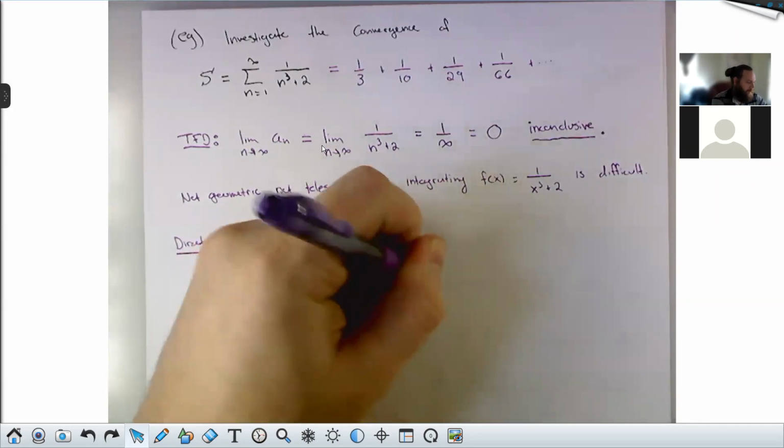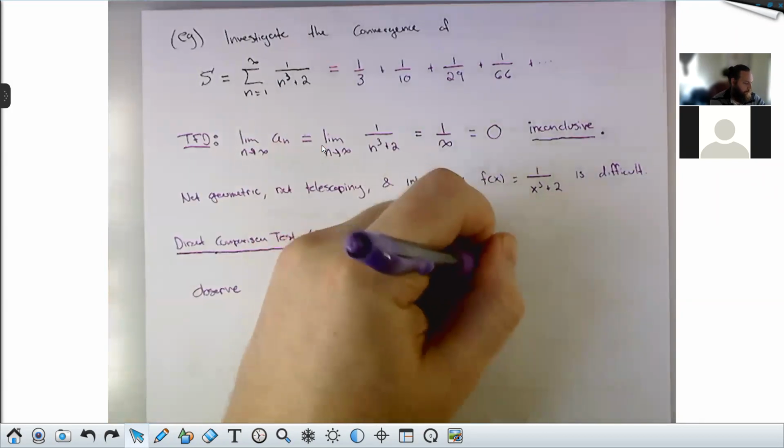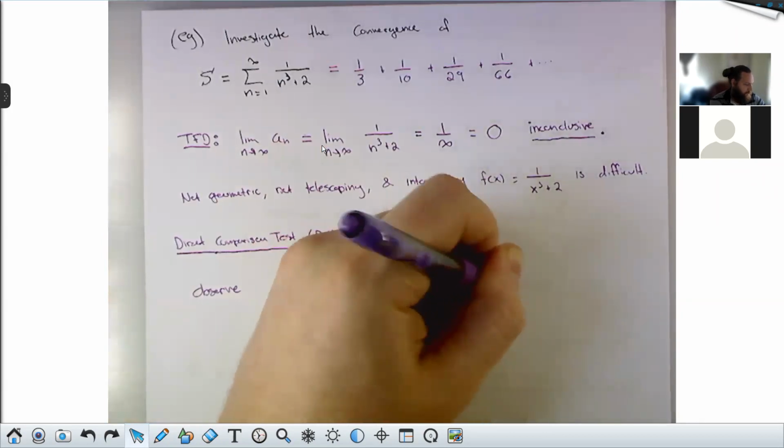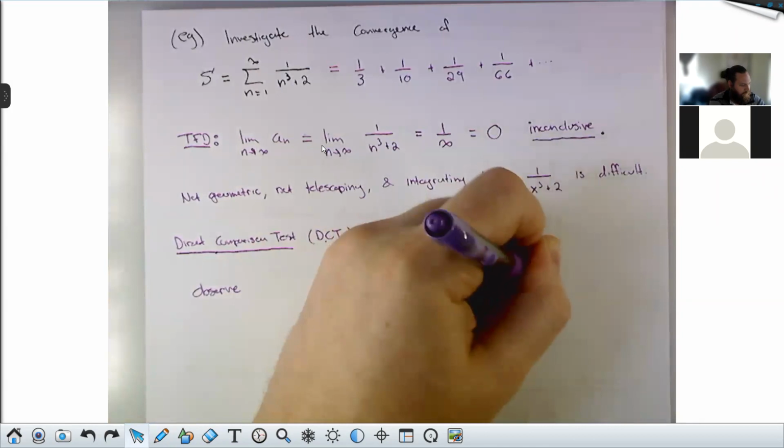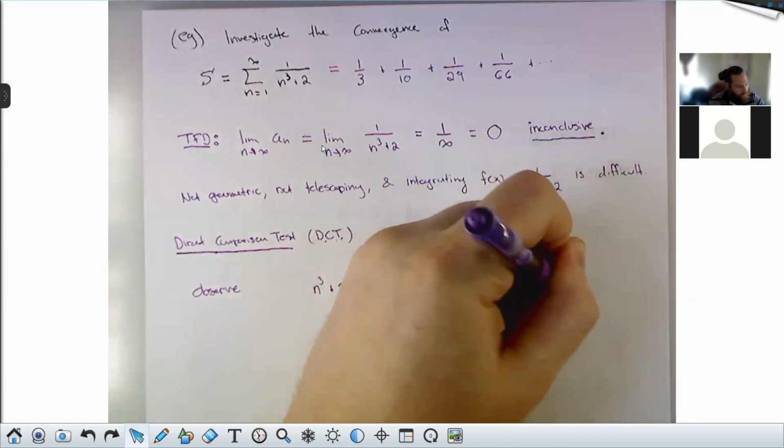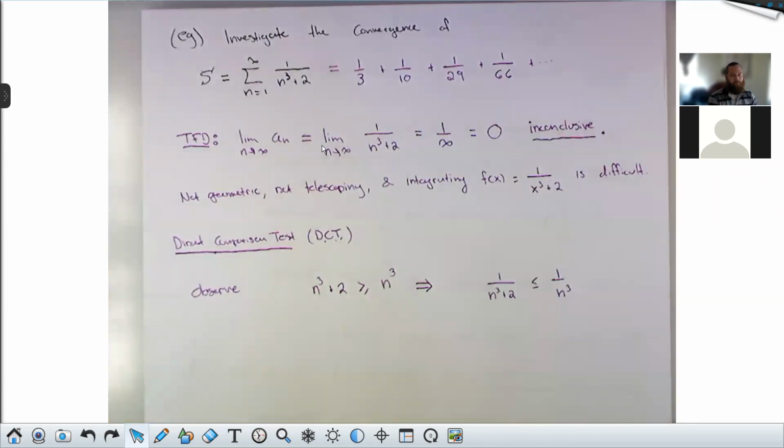And this implies that 1 over n cubed plus 2 is less than or equal to 1 over n cubed. Right? So when you take reciprocals on both sides of an inequality, the sense of the inequality flips over. If a is bigger than b, that means 1 over a is smaller than 1 over b.